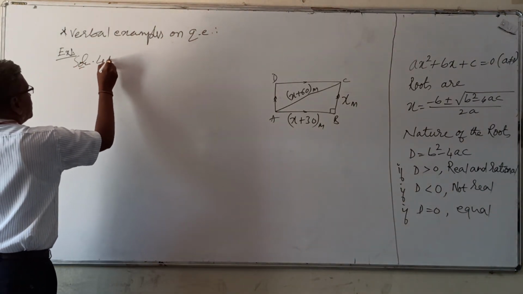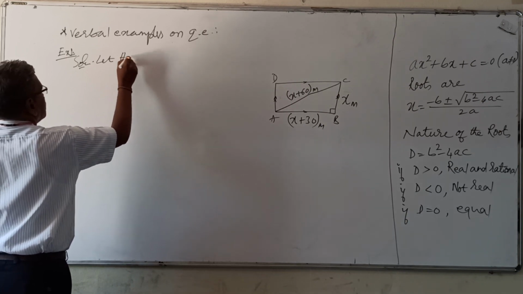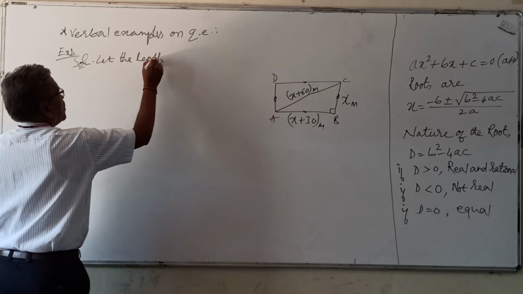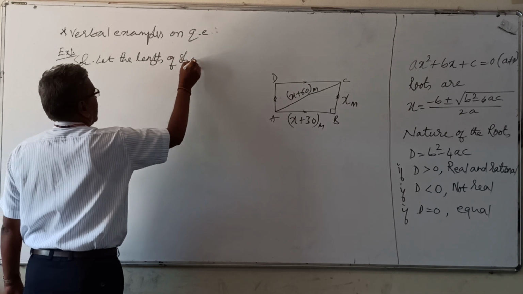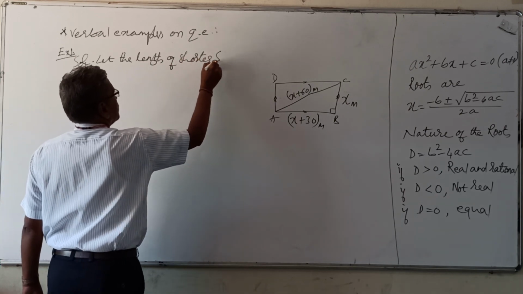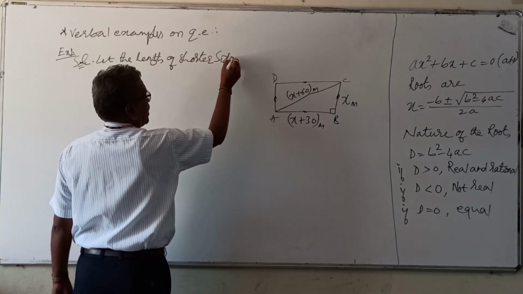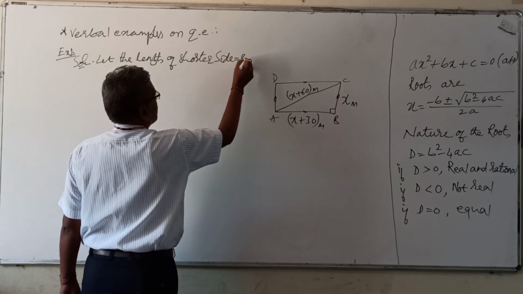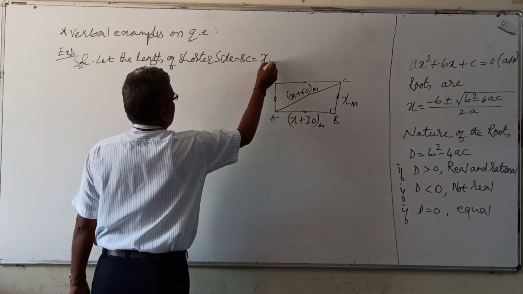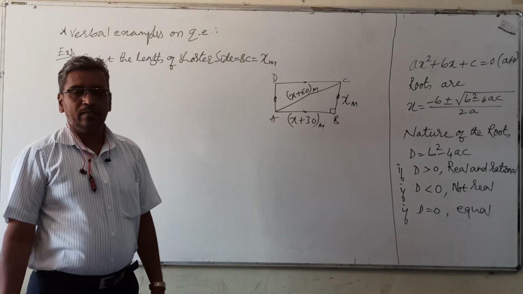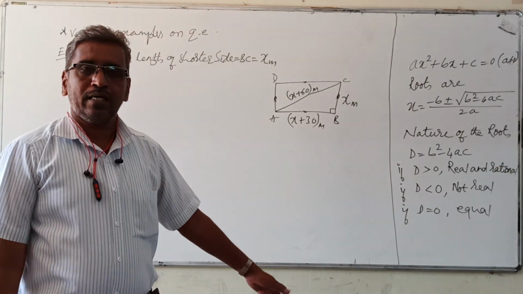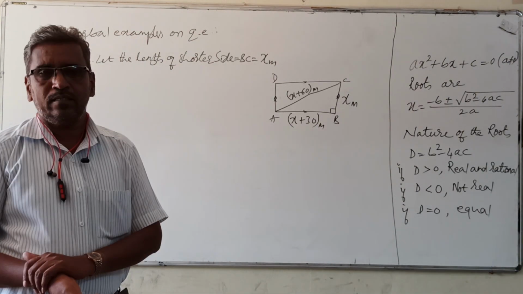Now let the length of the shorter side, you can write BC equal to x meter. We are considering this is the shorter side of the rectangular field. Also we can take AD, same it is.